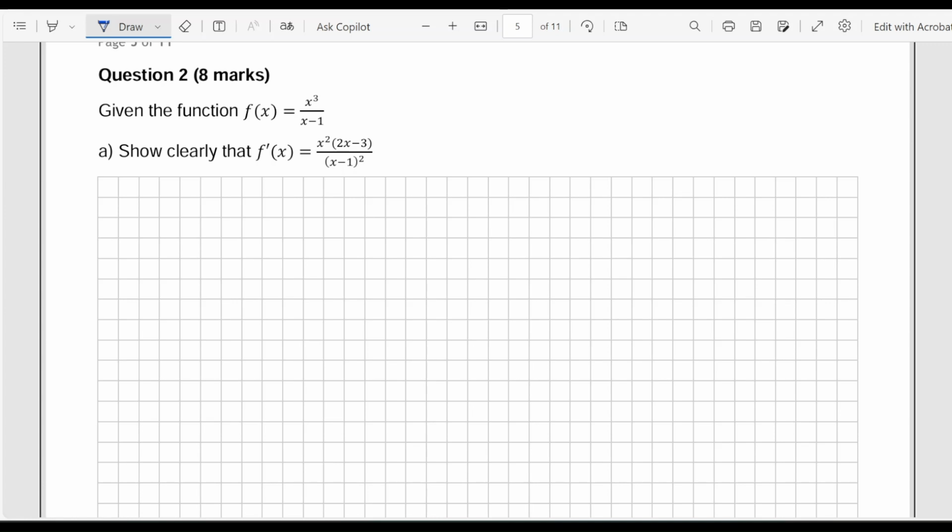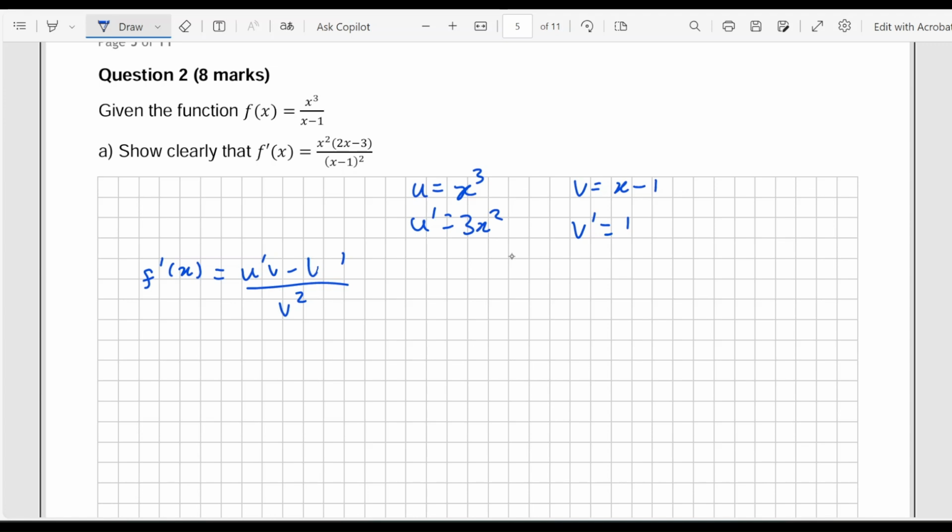So now that we're showing clearly, and it's a show that question, you need to be really clear about which rules you're using. So this is going to be the quotient rule, and I will be saying that in little curly brackets. So f dash of x is u dash v take uv dash over v squared.